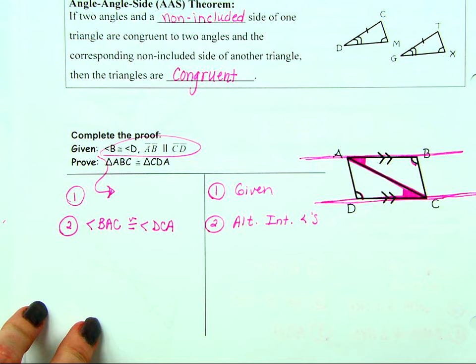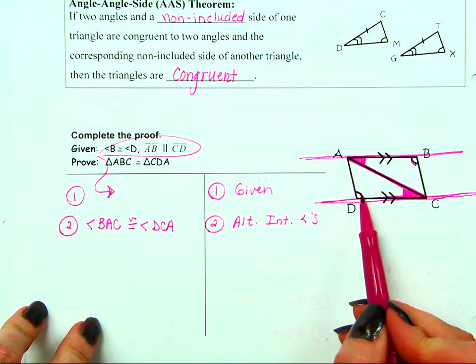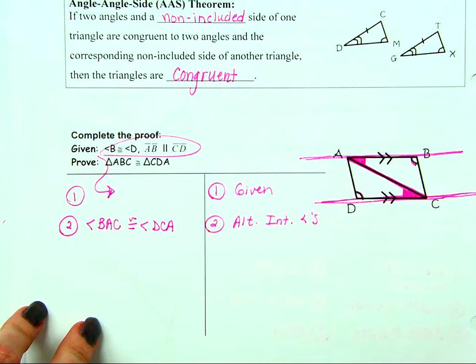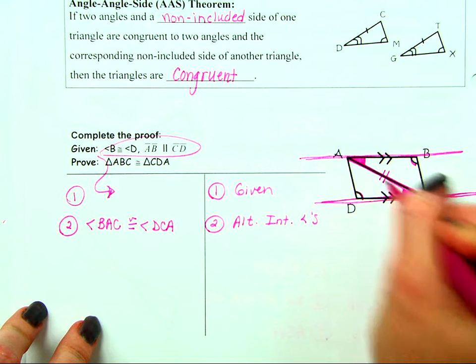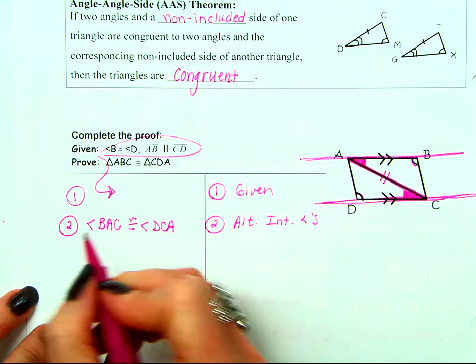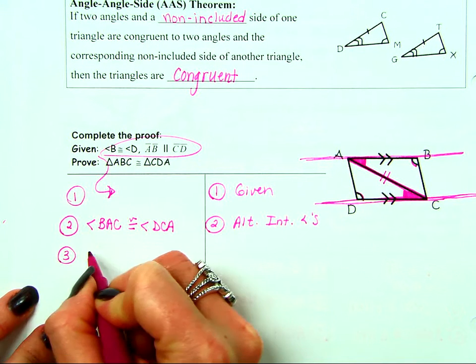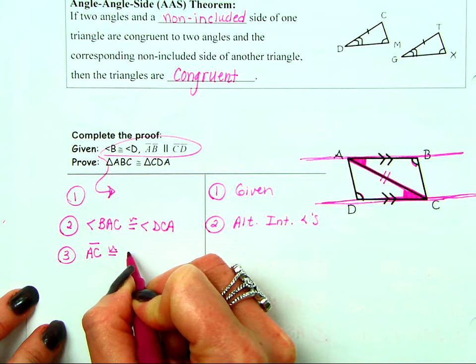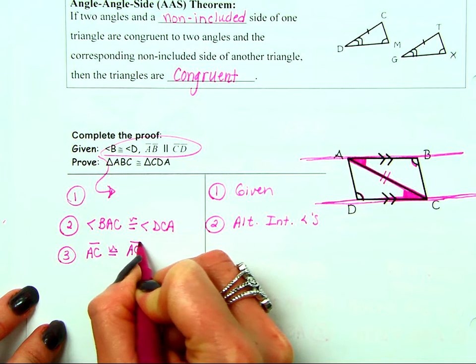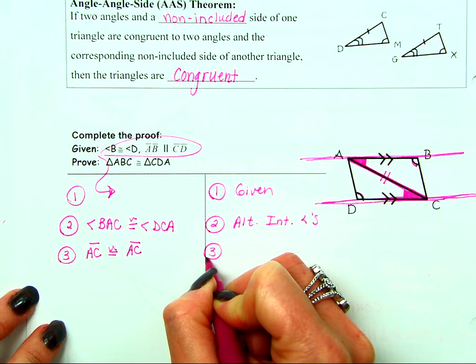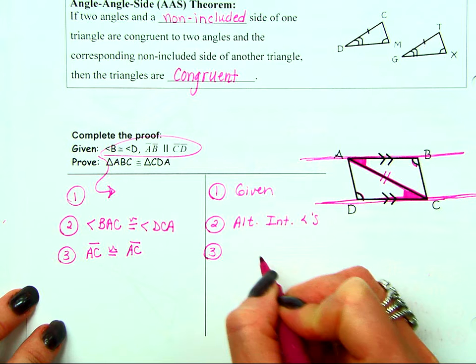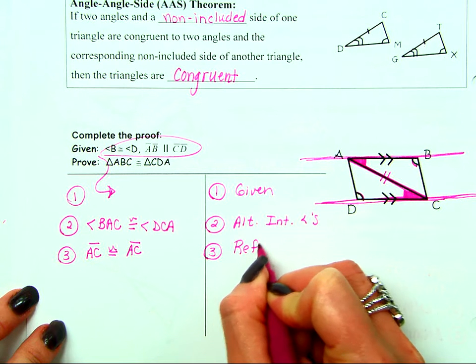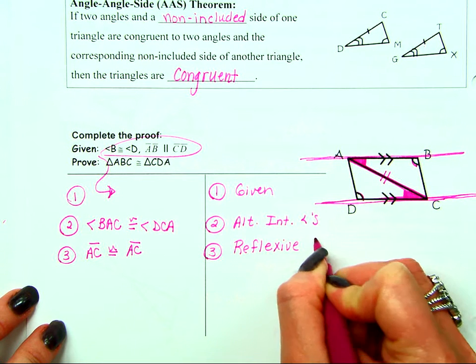Now, I don't quite have enough to say my triangles are congruent. I really only have two angles. However, in that diagram, do you see that those two triangles do have a shared side? So I can go ahead and mark my shared side congruent, but if I make that marking, I need to also come over here and make a statement about it in my proof. My statement will look as so. Segment AC is congruent to segment AC. Something being congruent to itself, well, in Chapter 2, we said that that was the reflexive property of congruence.